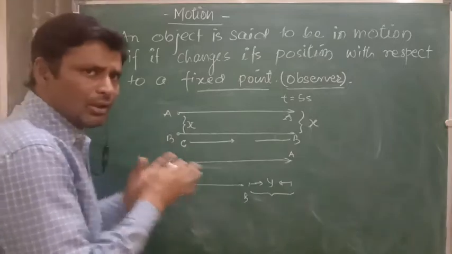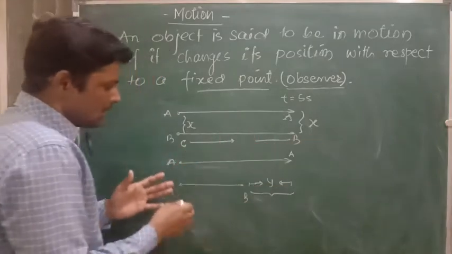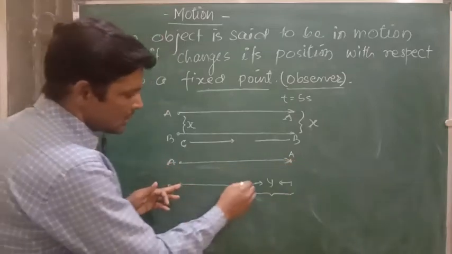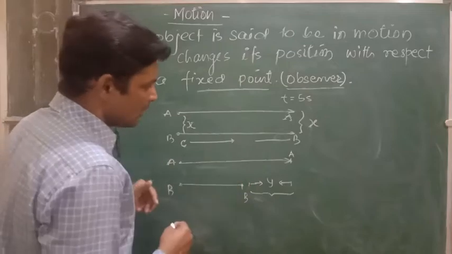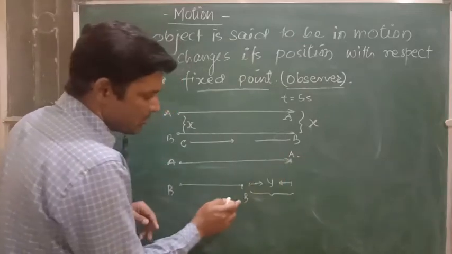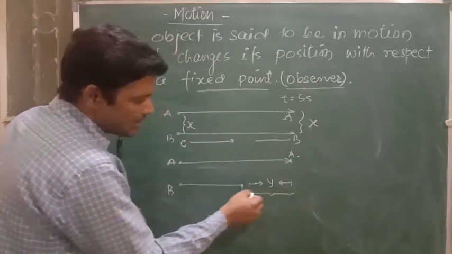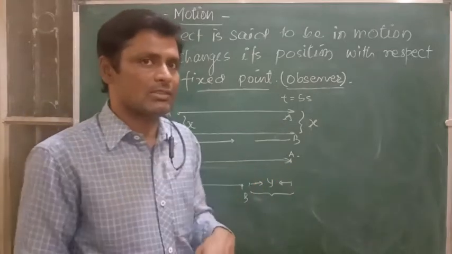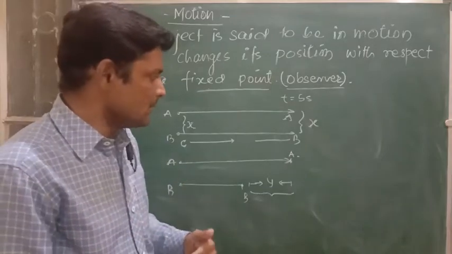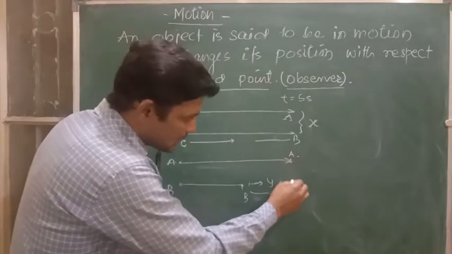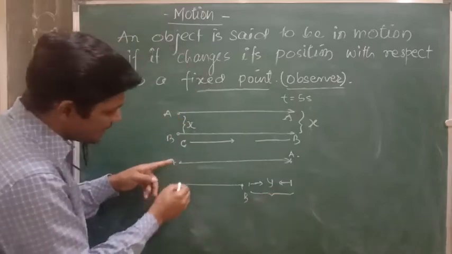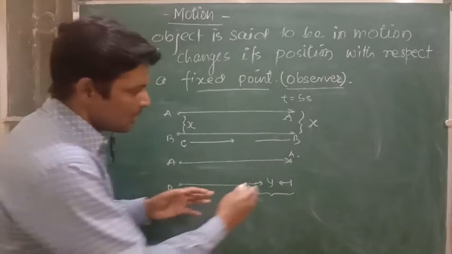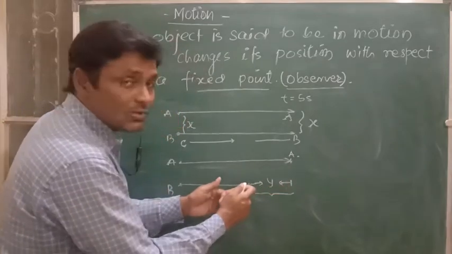A and B on their bicycles are moving on the same path. After 5 seconds A reaches this point, and B reaches this point. So what can A tell about B? That you have moved y meter behind me. A himself assumes he is stationary and he is the observer, and he notices that initially they were side by side, but now B has traveled a distance of y meter backward.